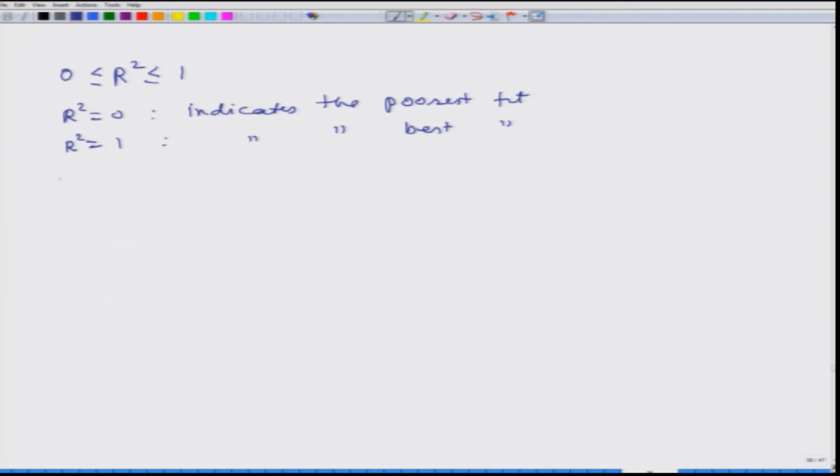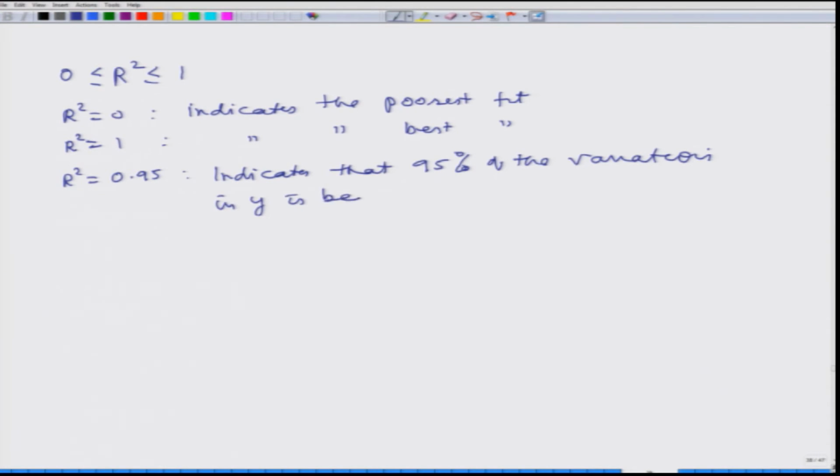Now, if I take any other value of R square, say for example 0.95, then this indicates that 95% of the variation in y is being explained by the fitted model, or the independent variables x1, x2, xk.